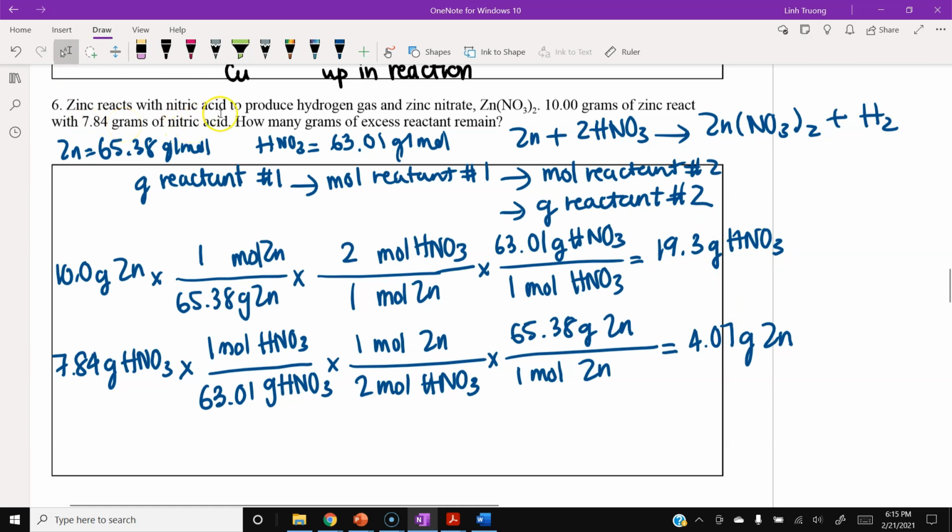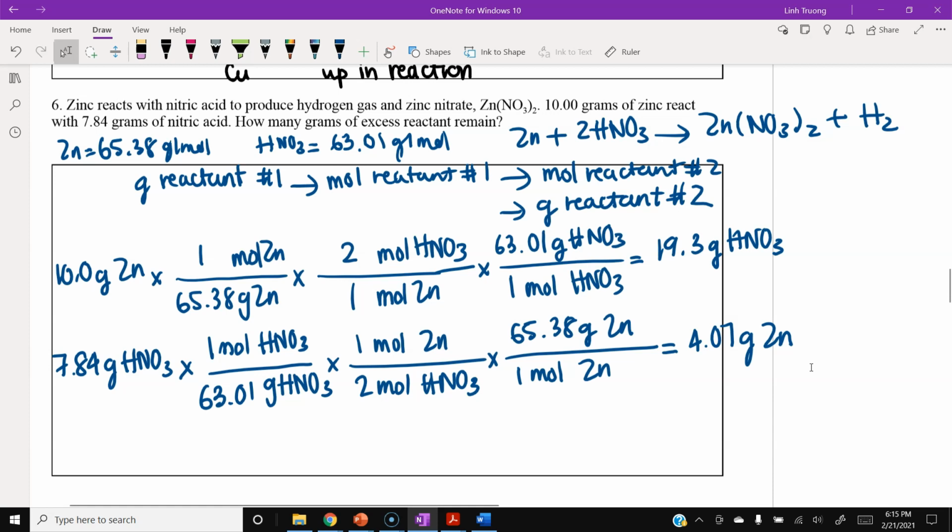That means nitric acid is our limiting reactant. This means that zinc must be our excess reactant, but let's check that real quick. I need 4.07 gram of zinc, but I actually have a lot more than that. I have 10 gram of zinc, but I only need 4.07 gram of zinc to react with all the nitric acid that I have. So zinc is our excess reactant.